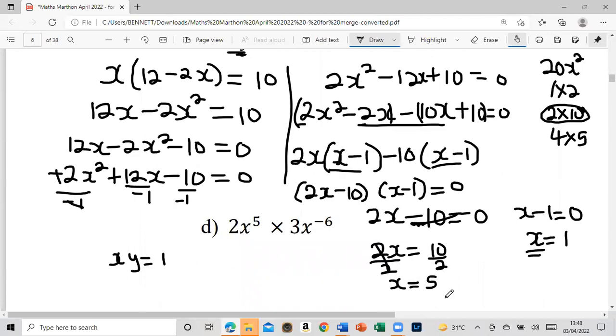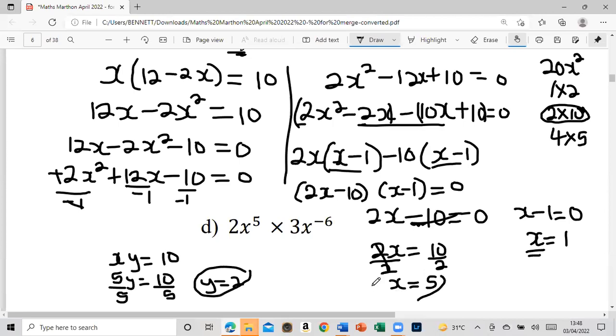When x is 5, we have 5y equals 10, and we divide by 5. So when x is 5, y is going to be what? 2. y is 2. So this solution goes with this one.